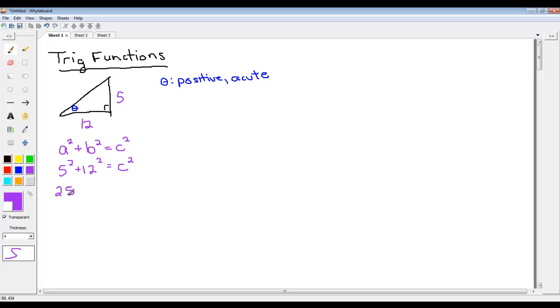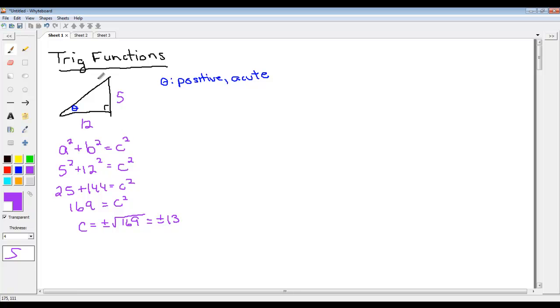So we have 25 plus 144 equals C squared. So 169 equals C squared. Now technically C is plus or minus the square root of 169, so plus or minus 13.